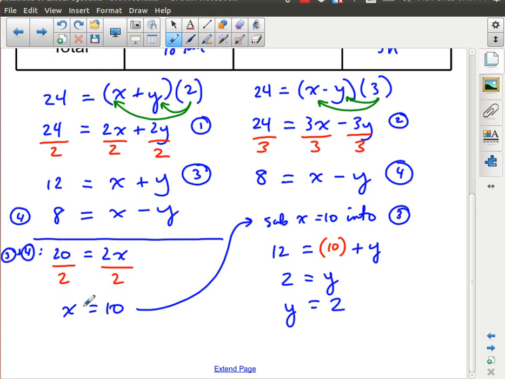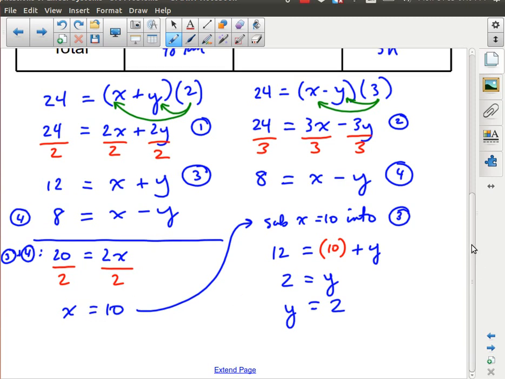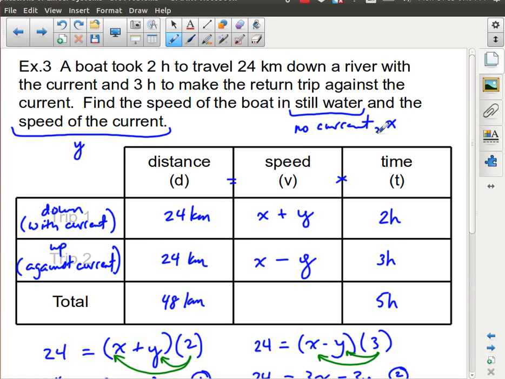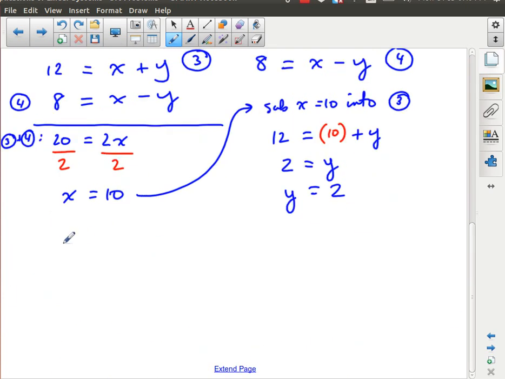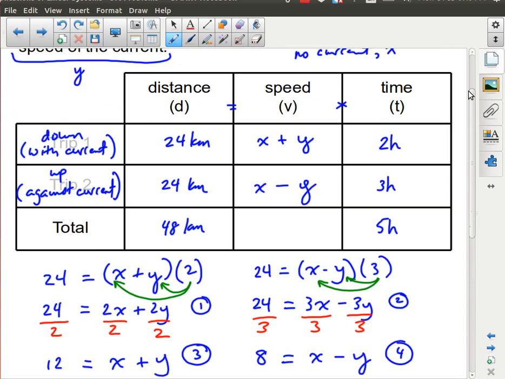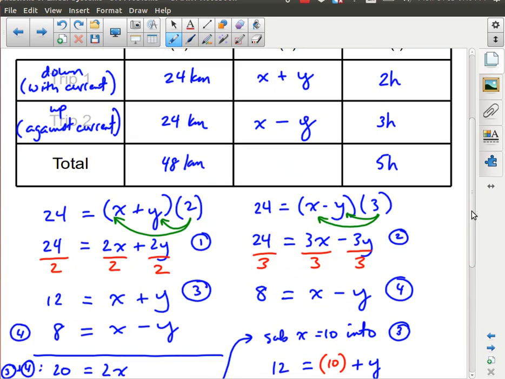Remember that x and y, you have to remind yourself of what they represent. x represents your speed with no current, and y represents the speed of the current. And so, therefore, is it a person? Is there a name that goes along with this? Nope, it's a boat.